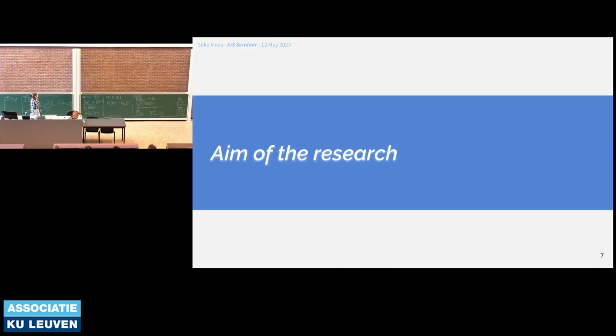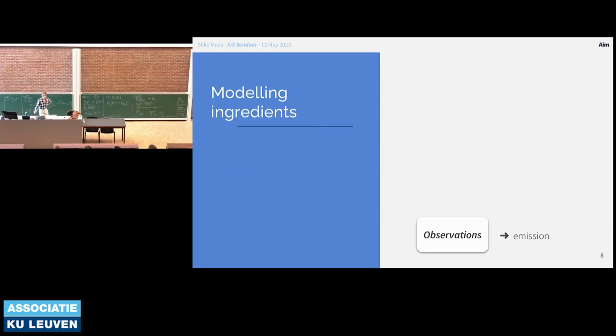So the bigger aim of the research is that we want to model these things, but for the modeling we need different ingredients, as I called them here. First of all, we have these observations, but what do we see in the observations? It's emission from certain species. If we want to model the emissions from these species, we need to model the chemistry, so that we get abundances, and then we can later process this to get emissions.